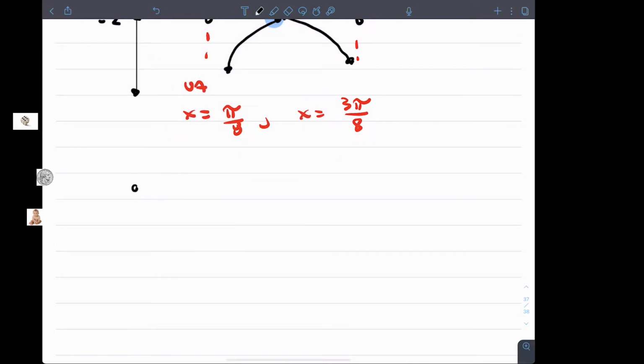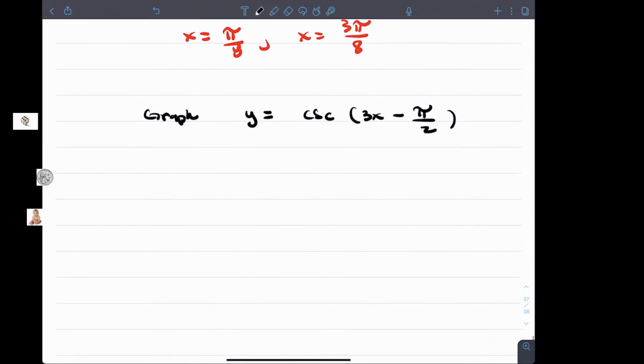Let's give you another example. I'm going to put some things together. Y equals cosecant 3x minus pi over 2.